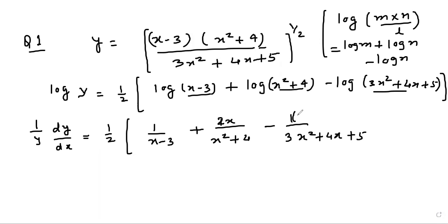So that will give 6x plus 4. Although you have to write a separate step, here you will write 1 upon (x minus 3) into d upon dx of (x minus 3) plus 1 upon (x squared plus 4) into d upon dx of (x squared plus 4) minus 1 upon (3x squared plus 4x plus 5) into d upon dx of (3x squared plus 4x plus 5), and the next step will be this.